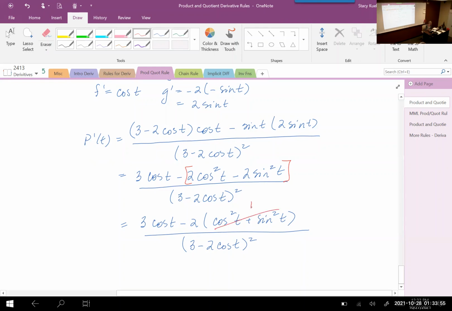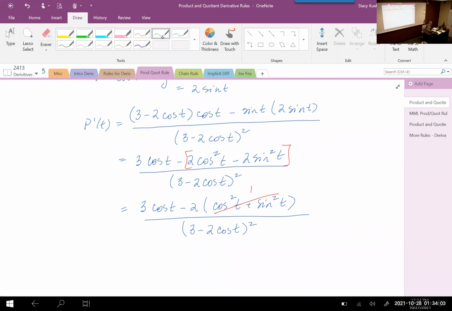So this is 1. Cosine squared plus sine squared is 1. Yep. So I get 3 cosine t minus 2 over 3 minus 2 cosine t squared. That's the derivative.